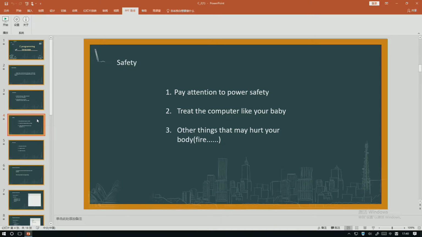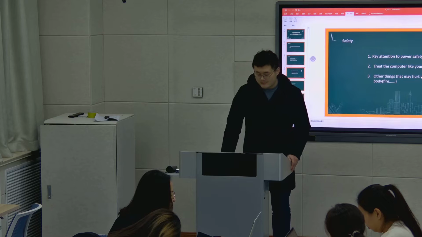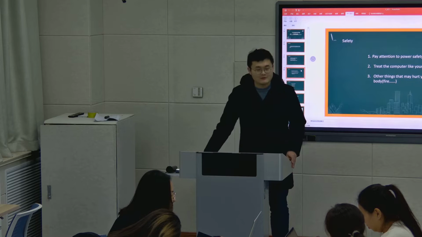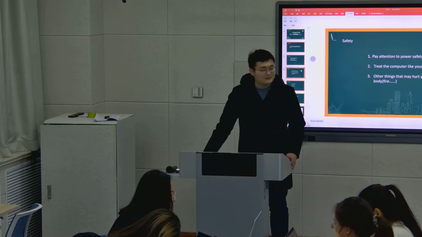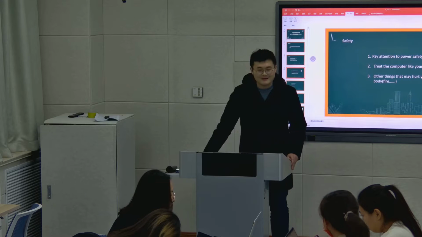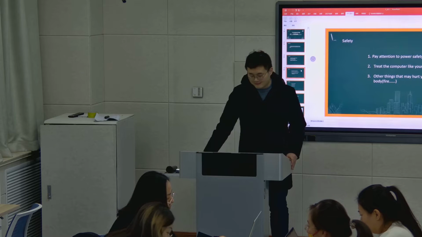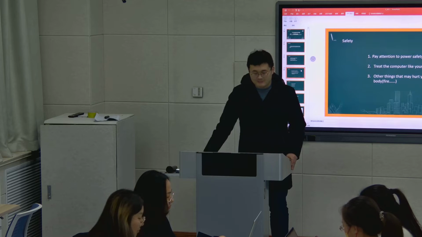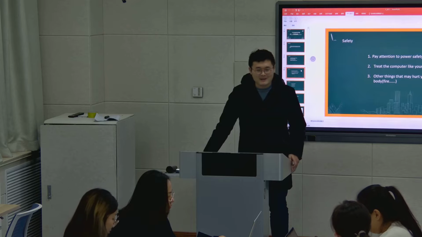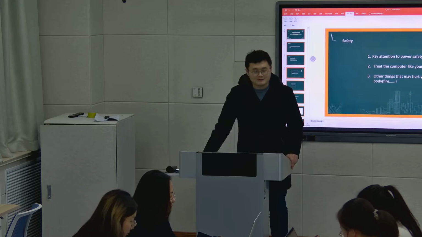Before this class, I must repeat the safety rules. At first, you must pay attention to power safety. If we want to operate the computer, we must use power, so don't be hurt by the power. The second one is the most important: treat the computer like your baby, and don't be nervous or mad if the computer can't give you what you want.